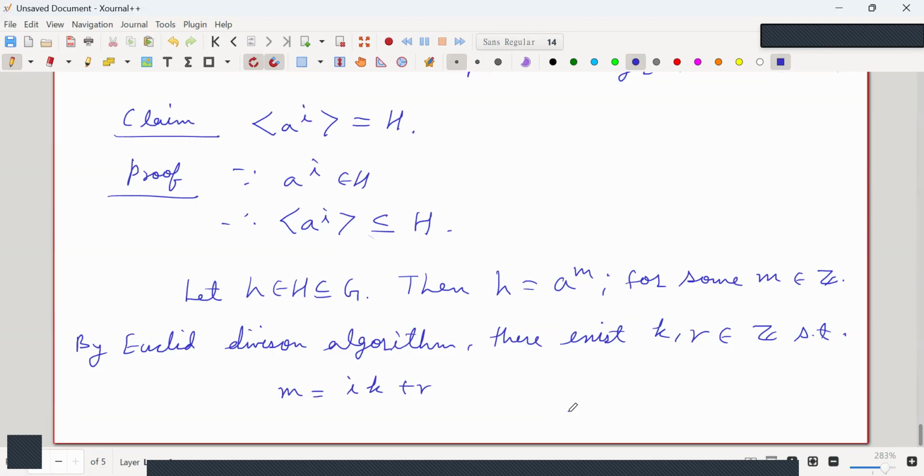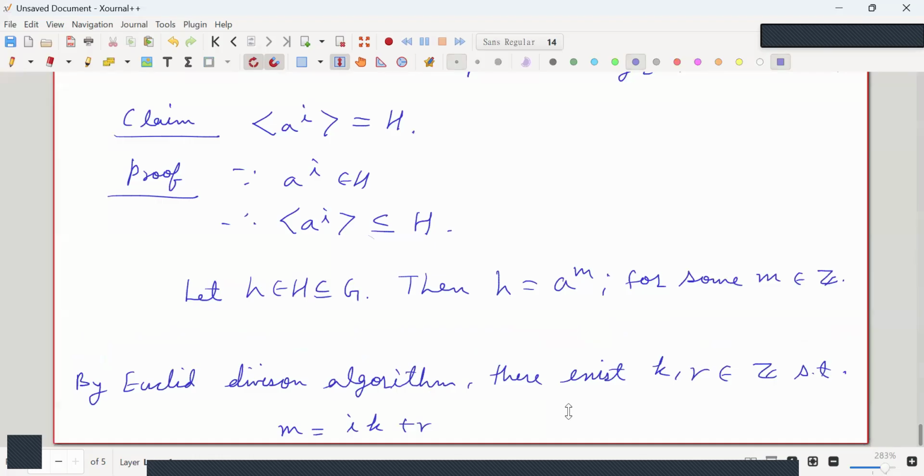Why is it so? One more thing we need to write. This is happening since I is minimum, since mod of m is less than or equal to I, therefore this is happening. You cannot write 2 as some k plus r times of 5.